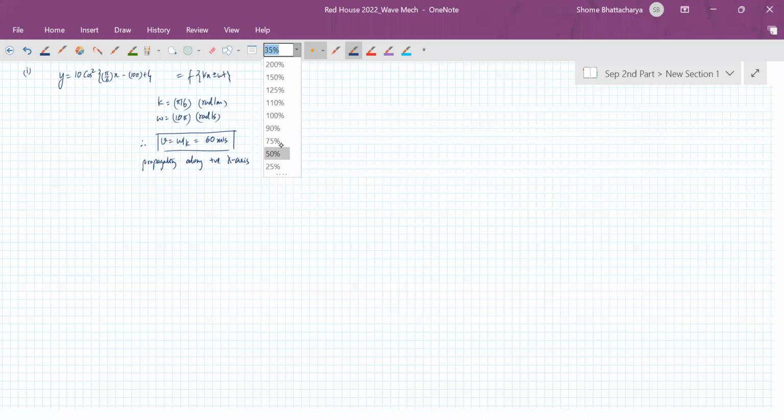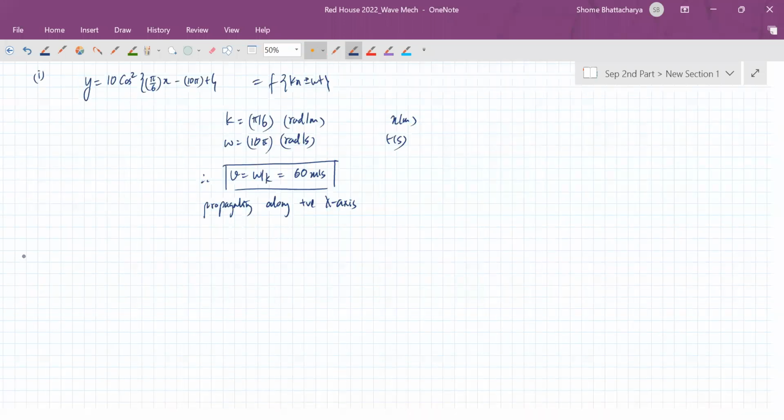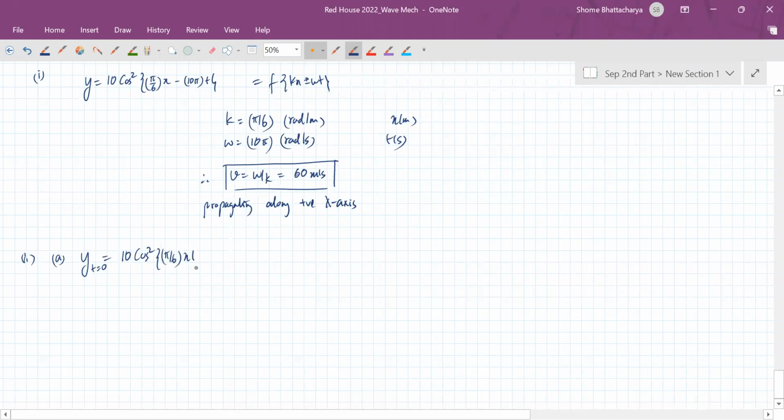You can understand from this. This kind of a graph. So y versus x. X in meters, y in millimeters.